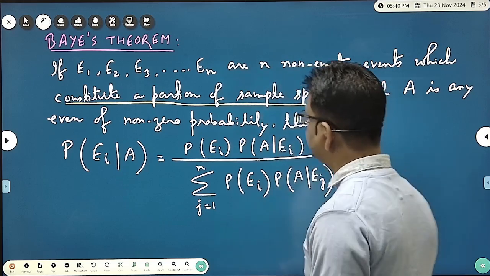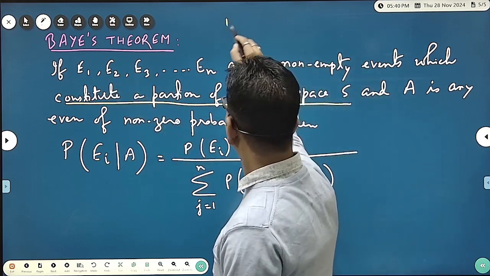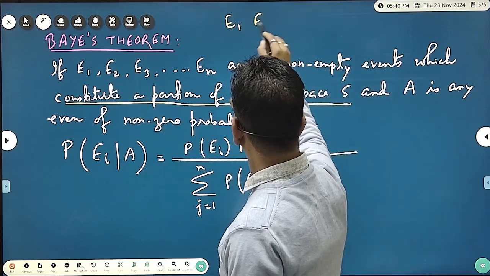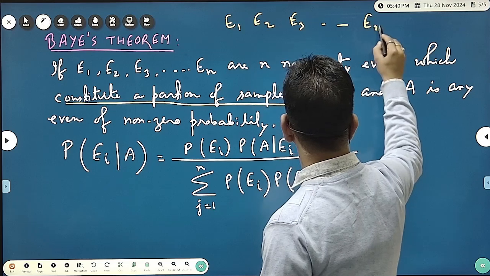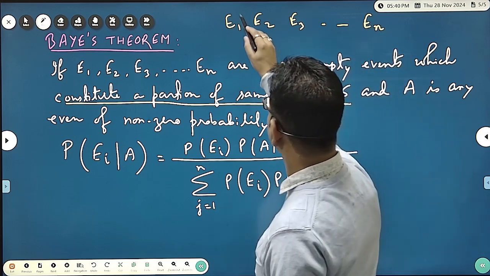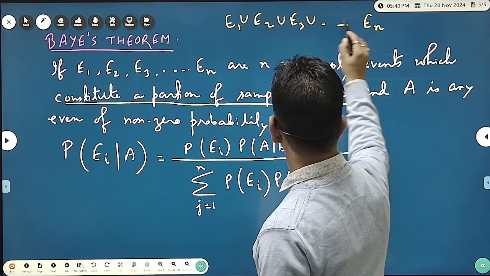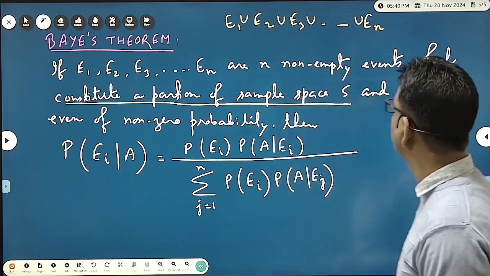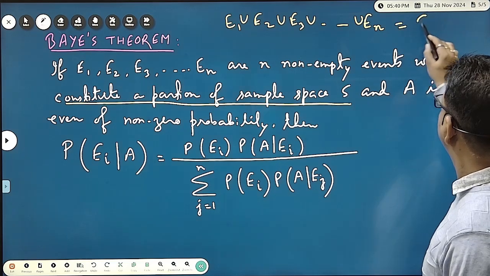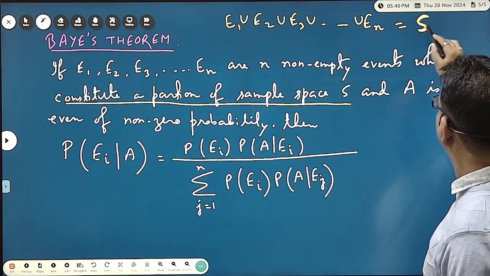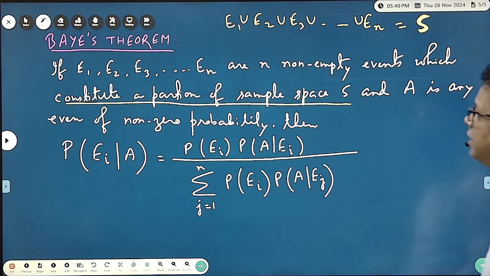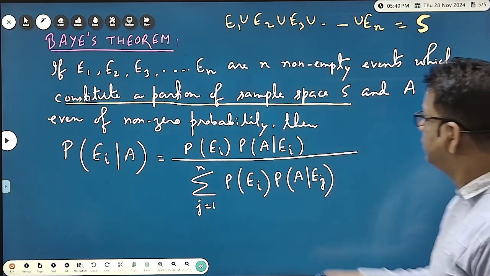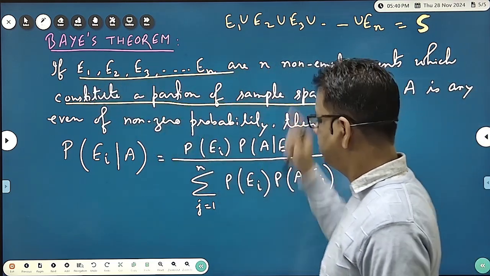Partition means when E1, E2, E3, up to En, all the events, the union is taken, together they give all the outcomes of the sample space. So this is the first condition.